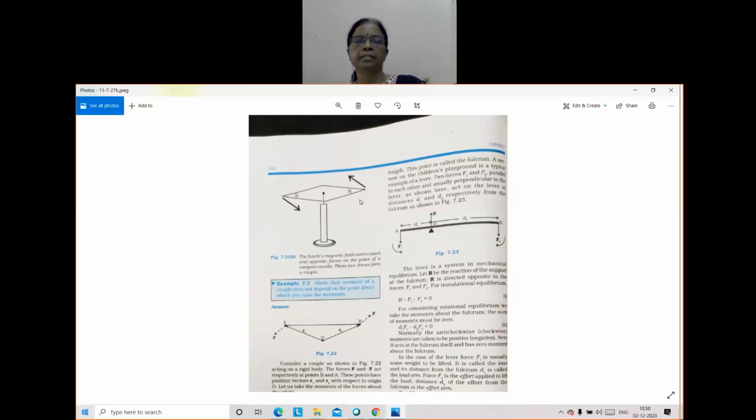അതുകൊണ്ടാണ് sailors ഉപയോഗിക്കുന്നത്. Even when they are in the sea, they will not be knowing where is north, south, etc. Very difficult to understand when they are in the sea. So if they are having this compass needle, it will always align in the north-south direction because of the Earth's field.